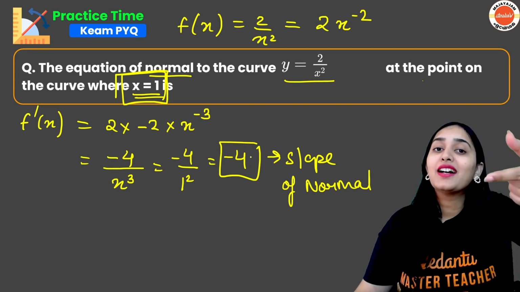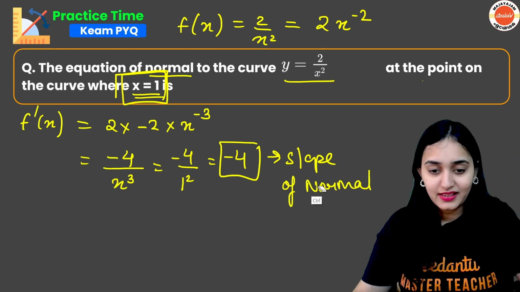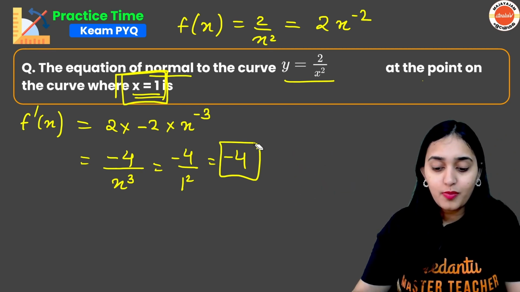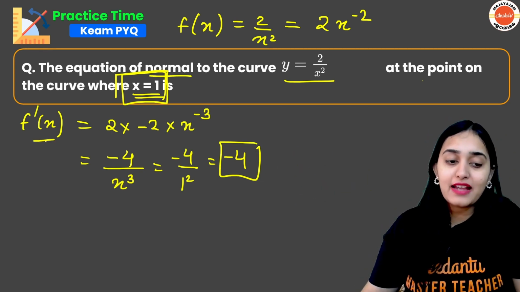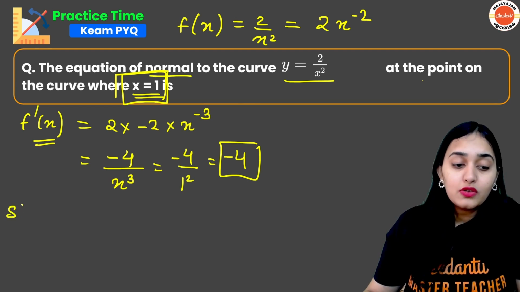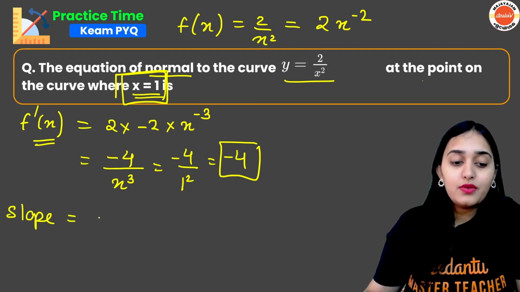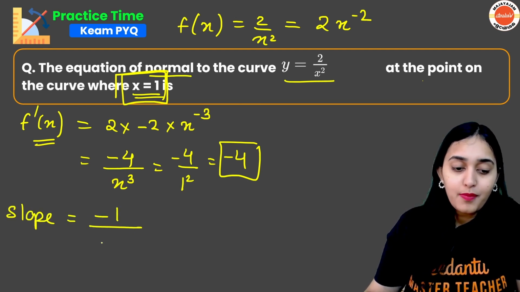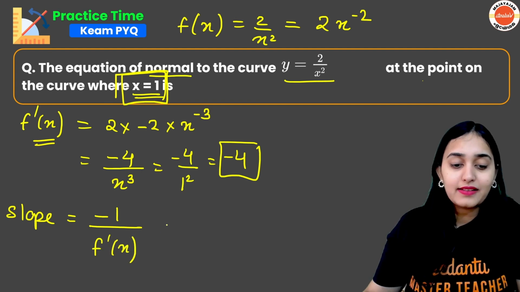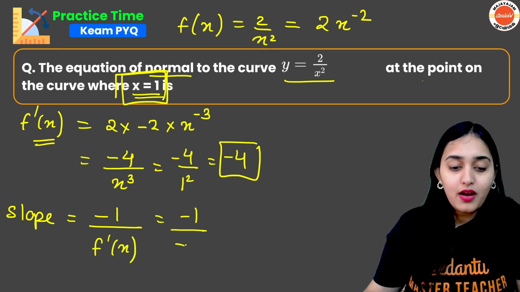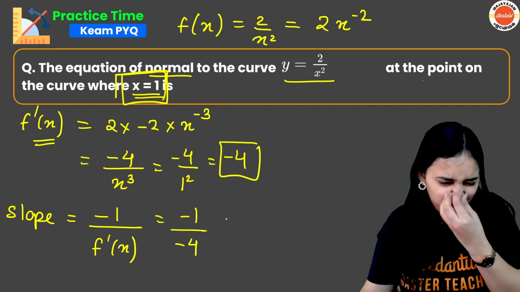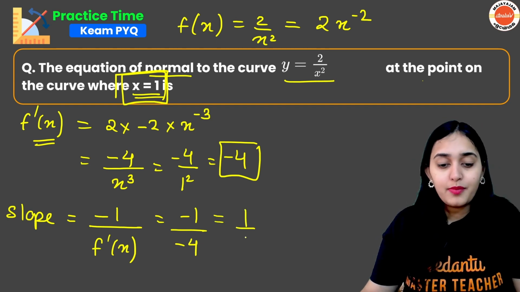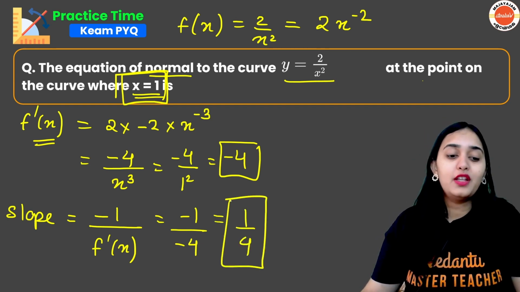Slope will be reciprocal of this. We have found f dash of x. Now, slope is equal to minus 1 upon f dash of x. So, minus 1 upon minus 4, it will be 1 upon 4. Now, this is the slope of the normal.